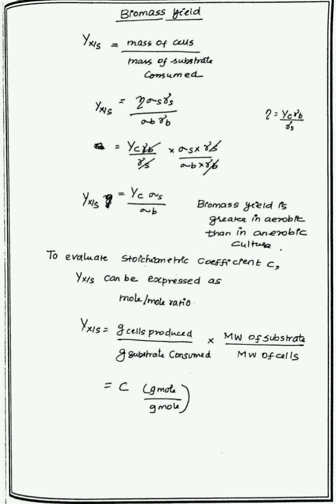In that case, your gamma B, the degree of reduction of your biomass, is 4.2. Now the maximum biomass yield can be expressed as the number of C atoms in the biomass per gram atom of the substrate consumed. I will explain this concept in detail in the problem we are going to solve in the next video.